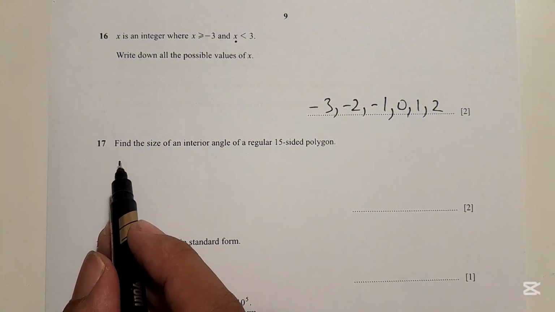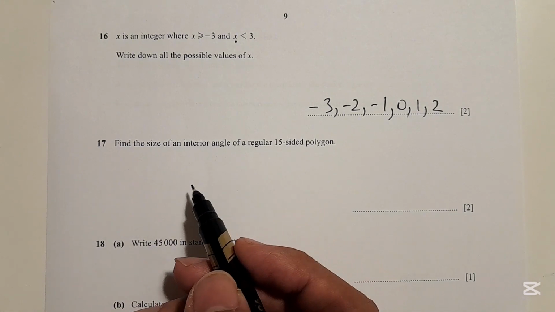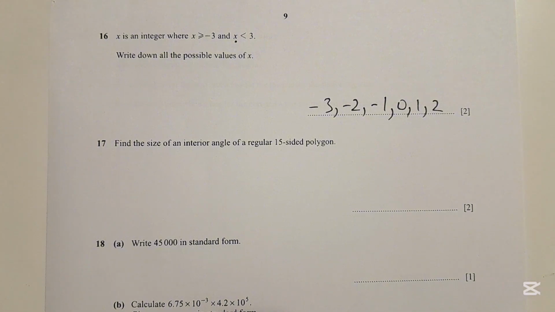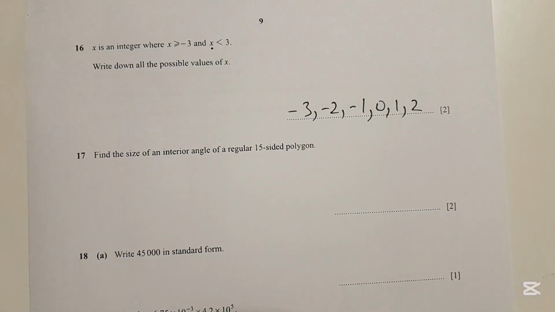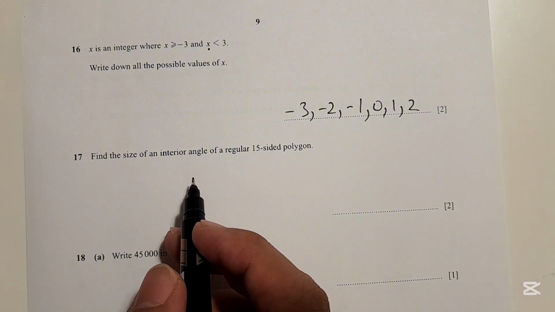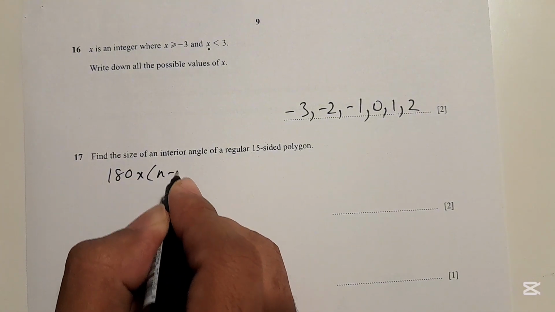Question 17 states find the size of an interior angle of a regular 15-sided polygon. So first we calculate the total of the interior angles, which is 180 times (n minus 2).